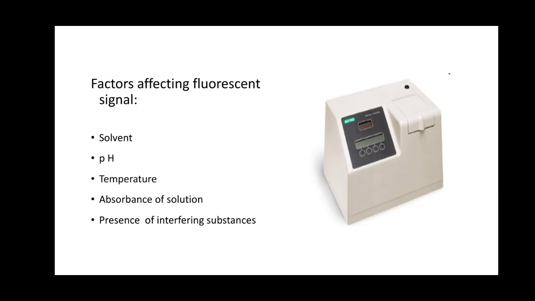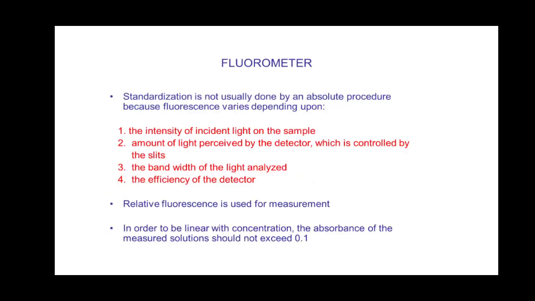The factors affecting the fluorescent signal are the solvent we are using, the pH, the temperature of the instrument, the absorbance of the solution, and the presence of interfering substances in it.